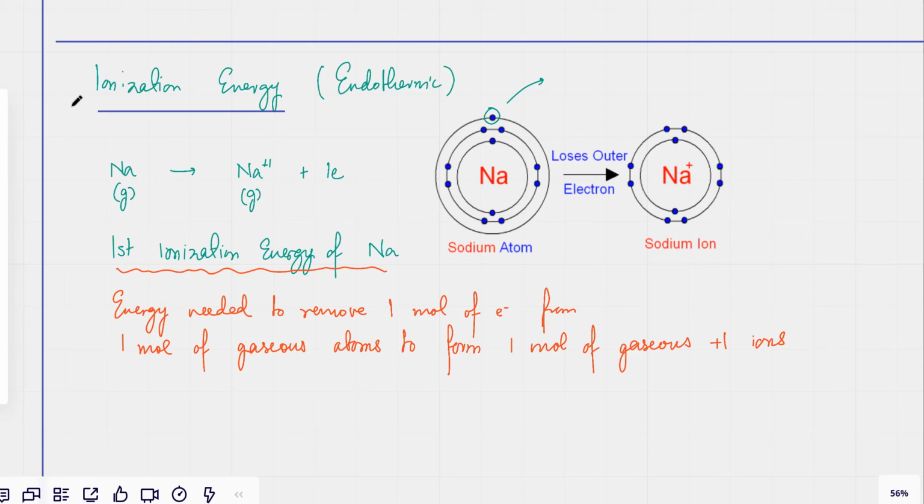Okay, that's what the first ionization energy of sodium is. It should be measured under standard conditions, which is room conditions.